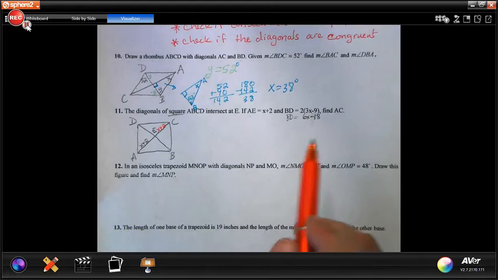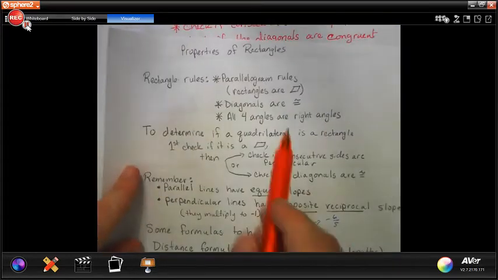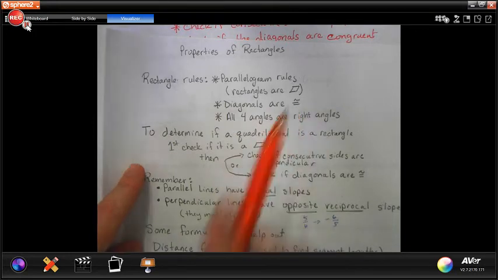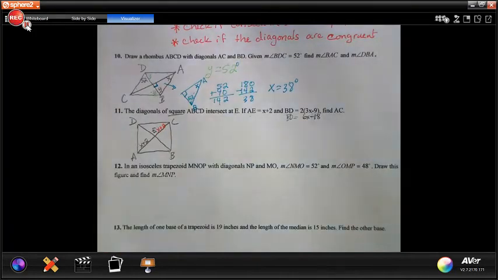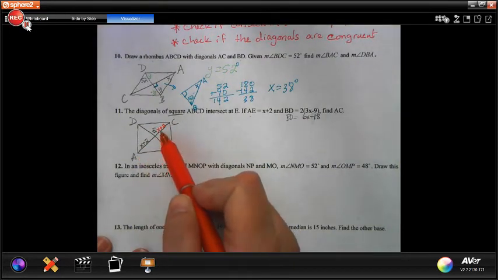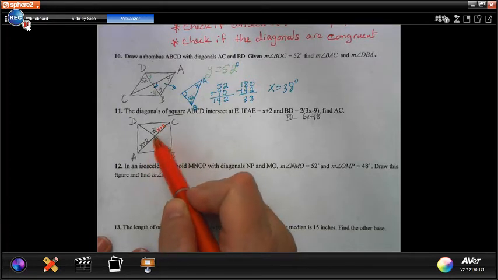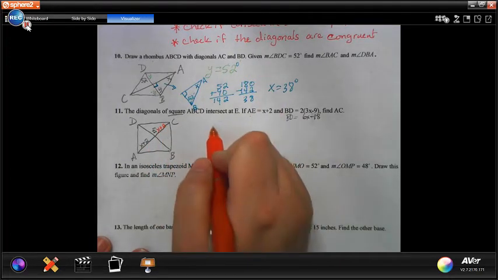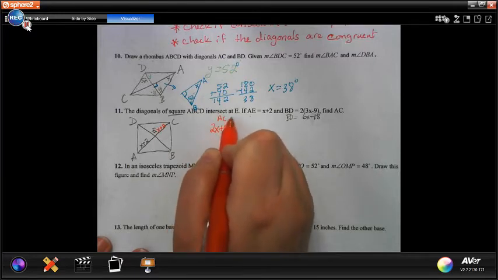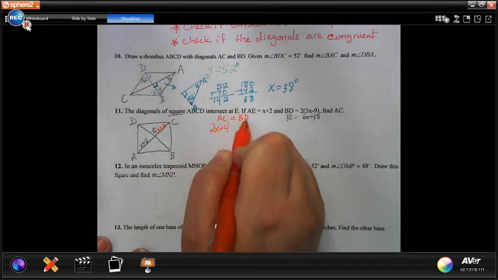And we have this thing from rectangles that says the diagonals are congruent. So that means they're equal. So all of AC, not just AE, but all of that diagonal. So there's x plus 2 and x plus 2, so we get 2x plus 4. So that's AC equals BD.